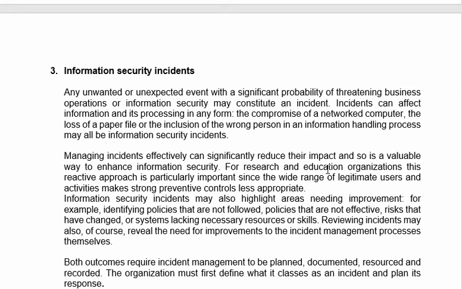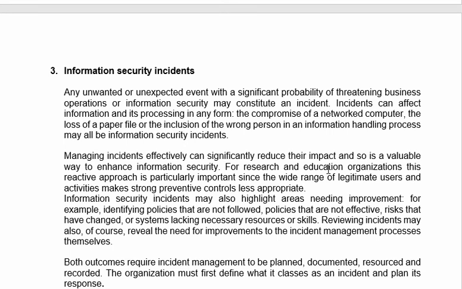Let's take an example of incidents. Fire is one of the incidents that may happen within your organization. Fire can happen from any source, like a short circuit within your organization, or some external sources may also contribute to the incident.